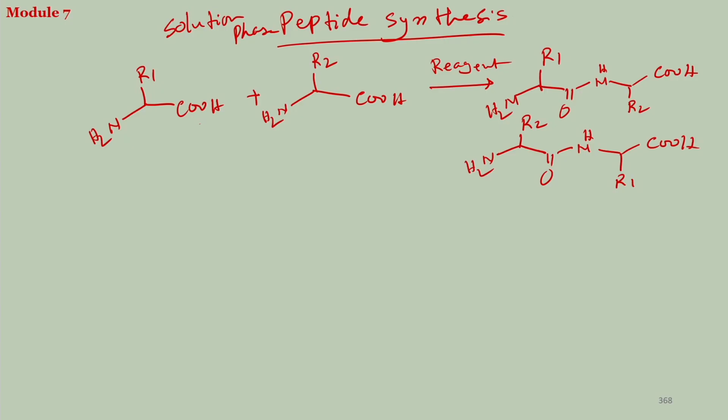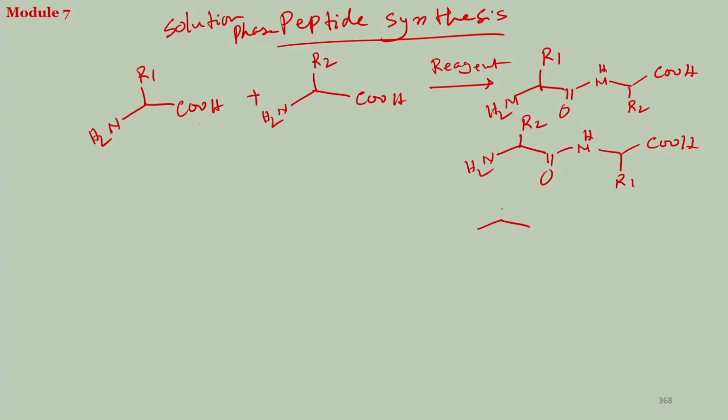Is there any other possibility? Of course, there are. They can go self condensation. One molecule of R1 can react with the other molecule of R1 itself to give you one peptide. So it is a homodimer. Both are R1.